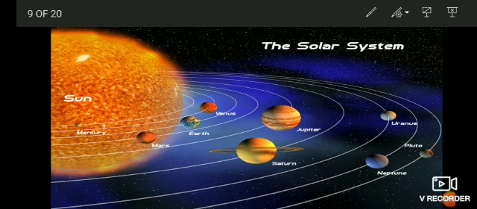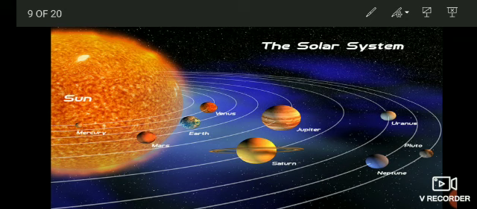Now you're seeing here, what is this system called? It is our solar system. What does this solar system consist of? In this solar system we are having the sun with its 8 planets and its natural satellites.